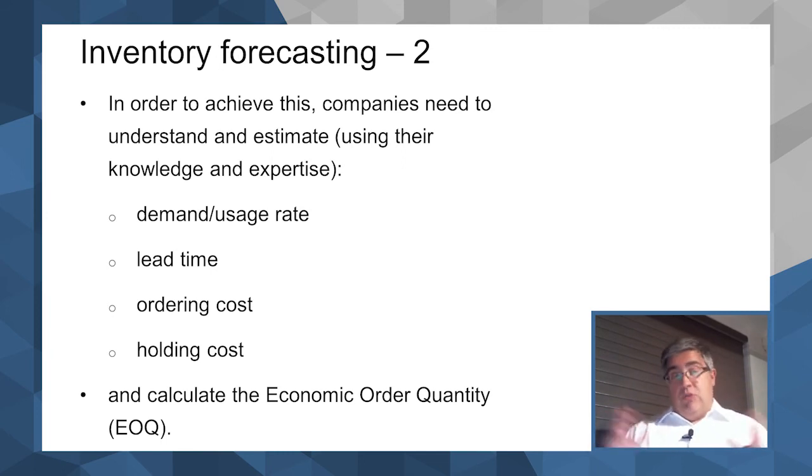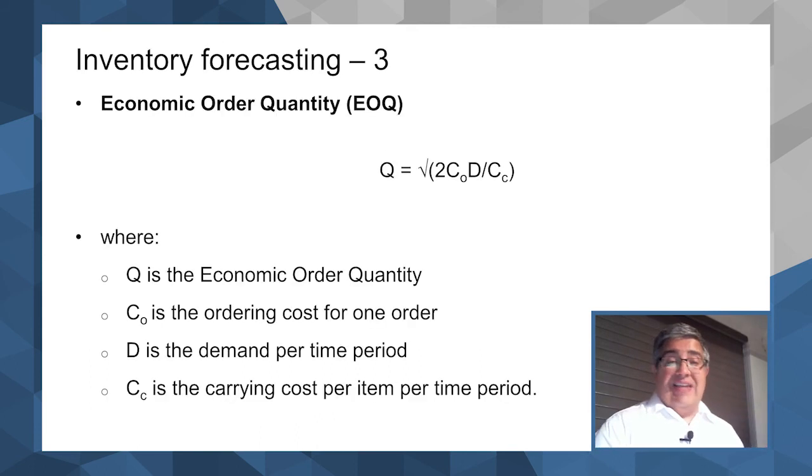And you might know this because it's true if you look at the demonstration of the formula in any of the reference books, you will find that the total cost is minimized when the ordering cost and the holding cost are the same.